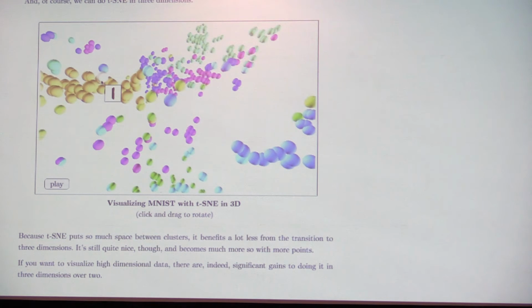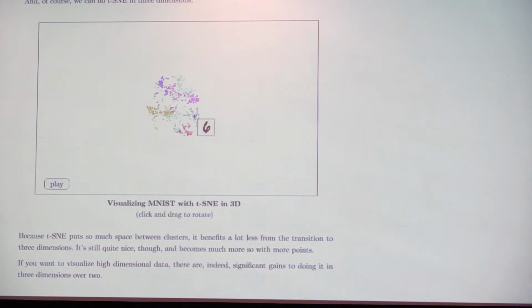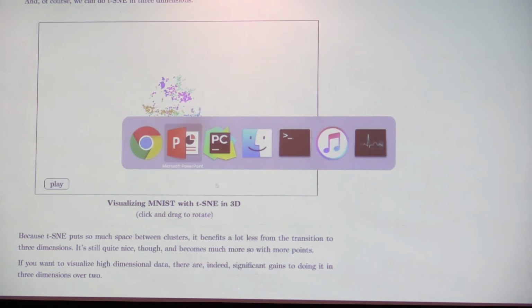But if you have good training data and good labels, then you don't need to do this. But this is a good way to visualize your data if you don't have an idea of what it looks like. And this is called t-SNE.